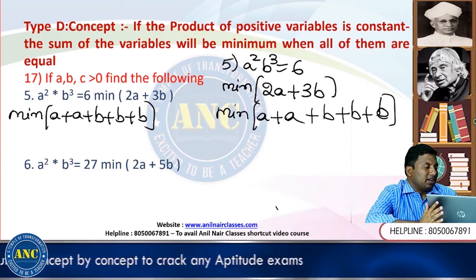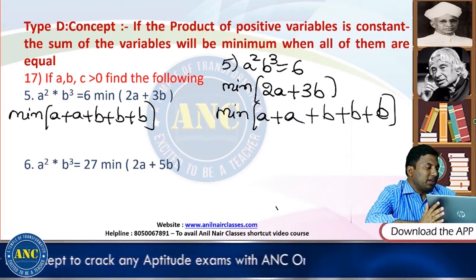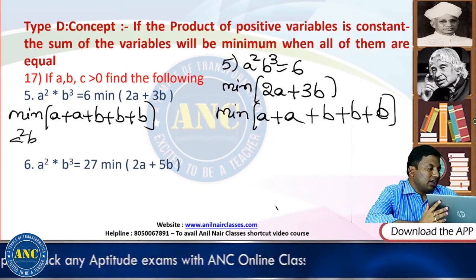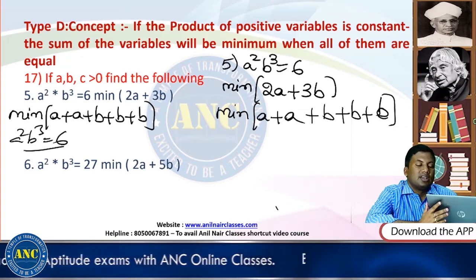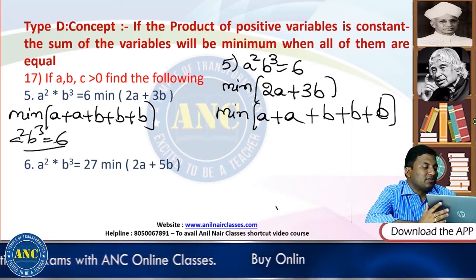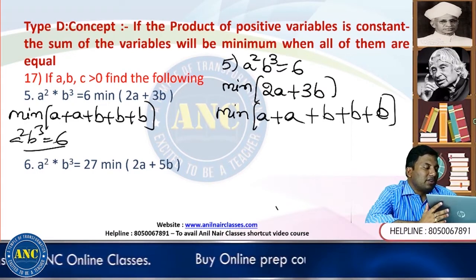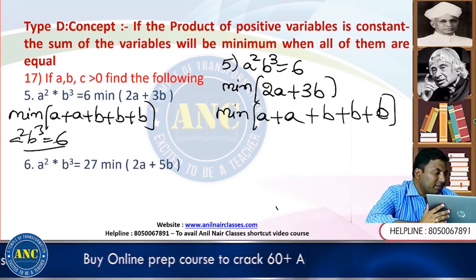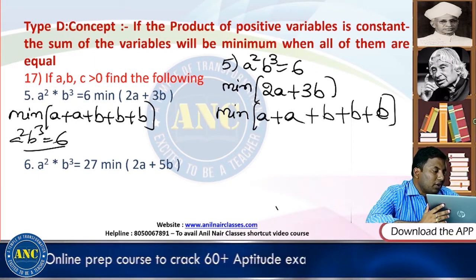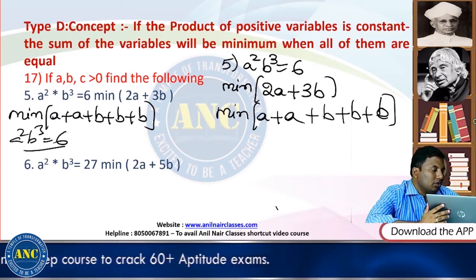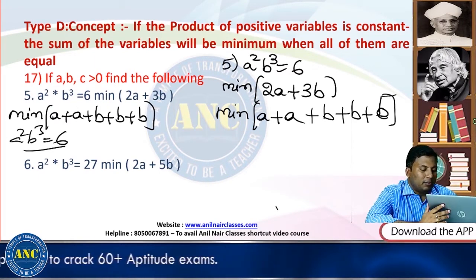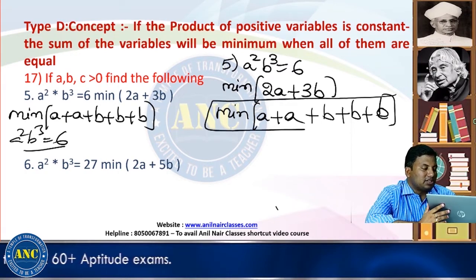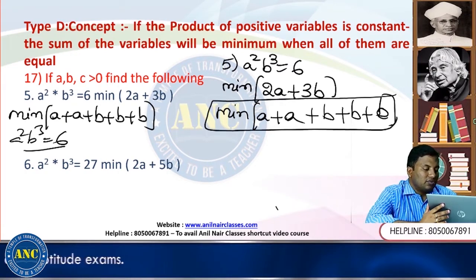Now let us see what is happening if I multiply. A square B cube equivalent to 6. That means product of these variables is constant when the sum is minimum. That means what will each one become when the sum is minimum. I hope it is clear, right? Minimum of A plus A plus B plus B plus B. So each will become, how much?